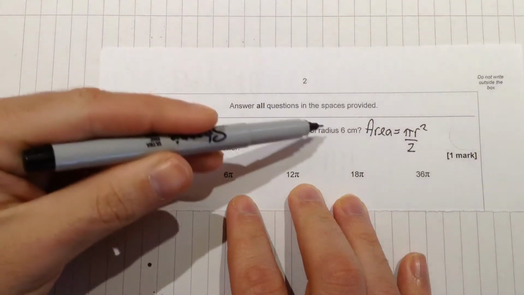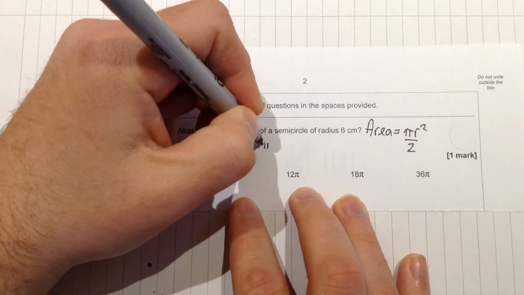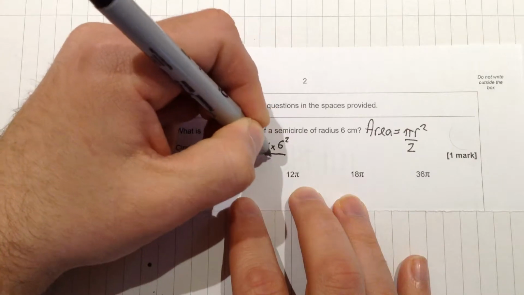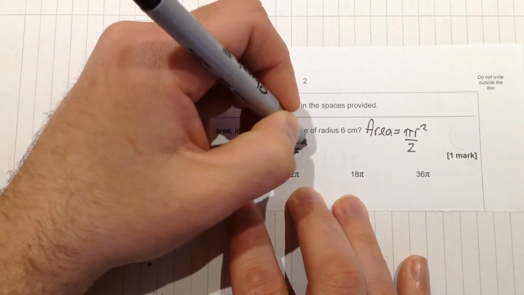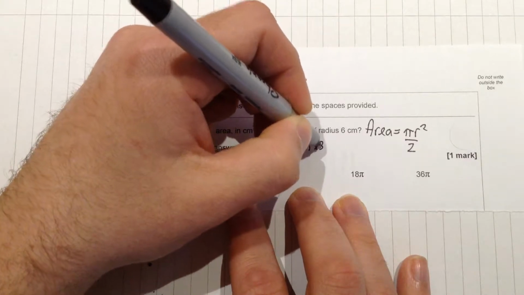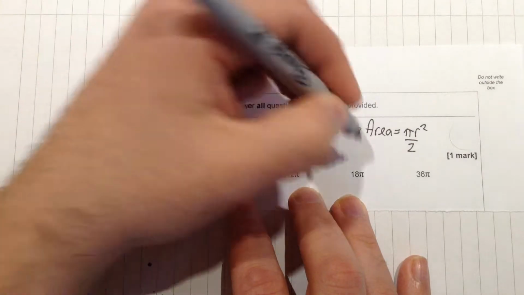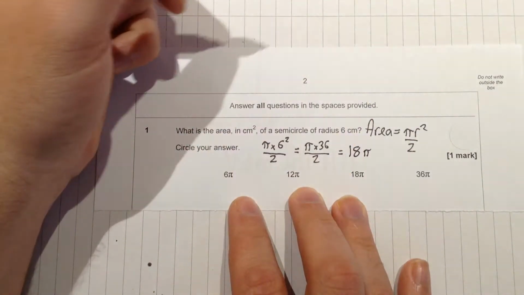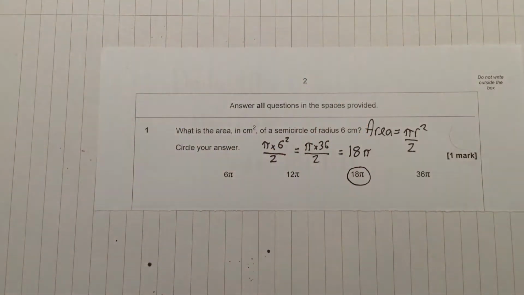So if we put in the information that we've got, the radius is 6, we would get pi times 6 squared, then don't forget we need to divide by 2. Well, 6 squared is 36, so pi times 36 divided by 2. 36 divided by 2 is 18, so it would leave us with 18 pi, and that is the solution that we would circle.